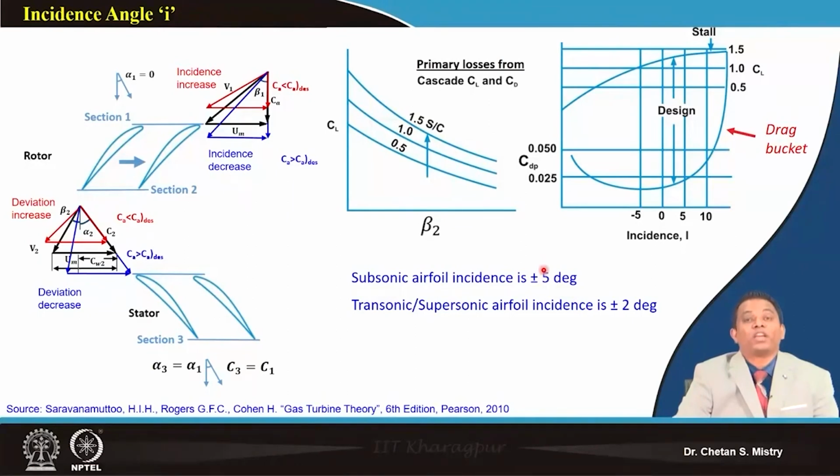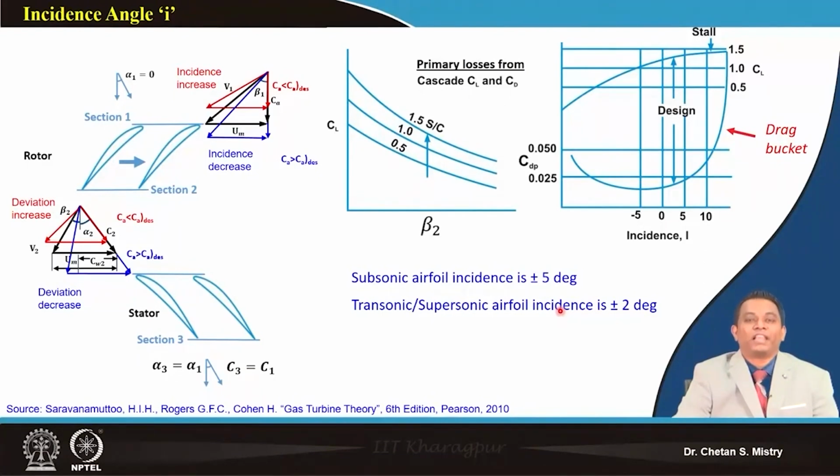Now when we are talking about transonic aerofoils, my leading edge radius is smaller, and that is very sensitive. We intentionally look for a smaller leading edge radius because we want attachment of our shock with the blade, and that's the reason why the leading edge radius is smaller. So that's why it is very sensitive to the change of incidence angle.